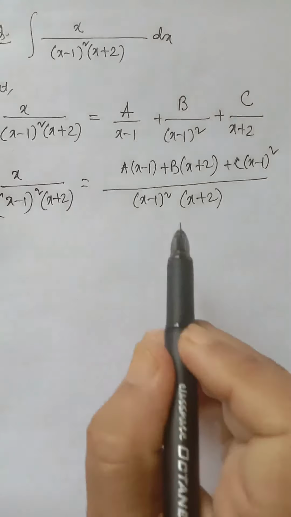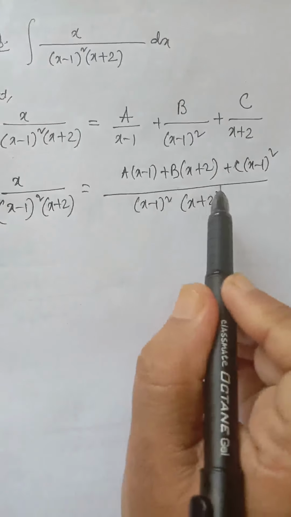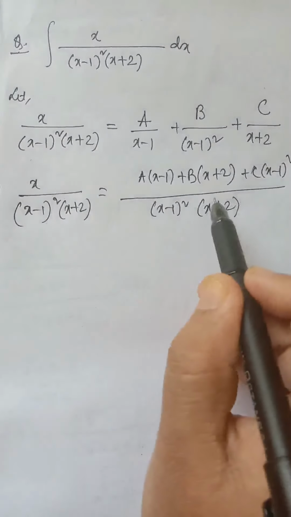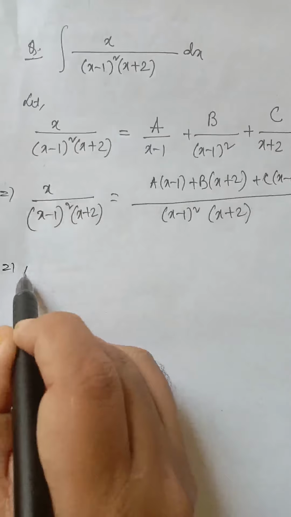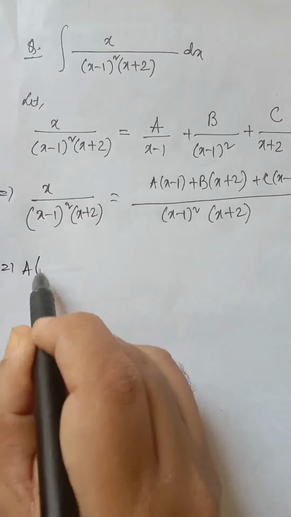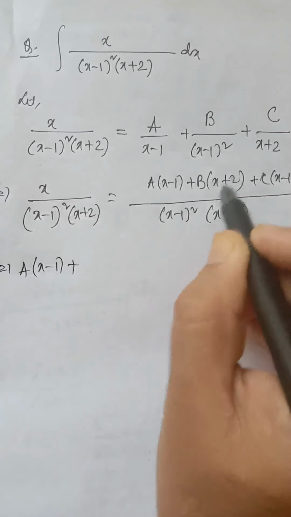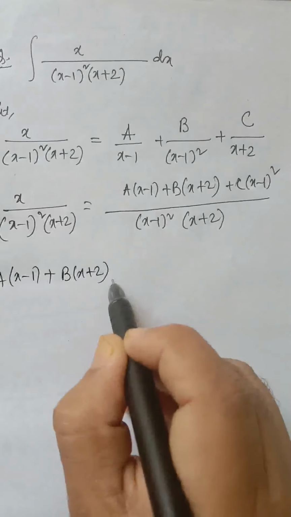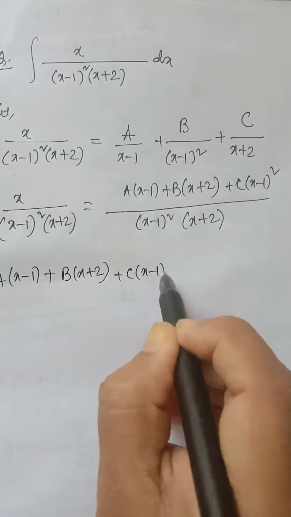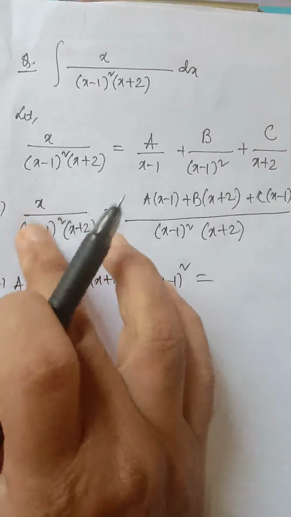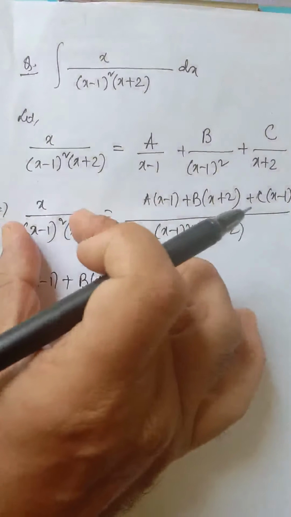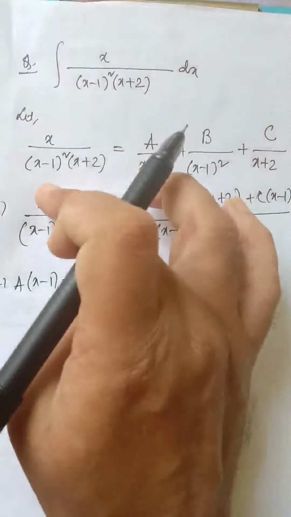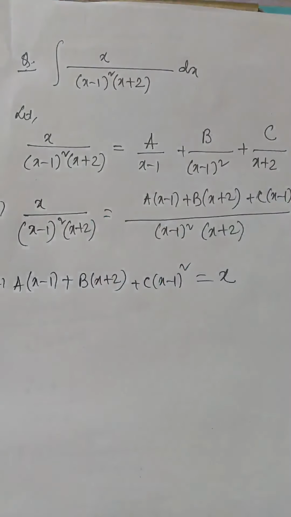If we take the LCM on the right hand side, our right hand side will be this. Now cancelling the denominators, we will get a into x minus 1 plus b into x plus 2 plus c into x minus 1 whole square equal to x.